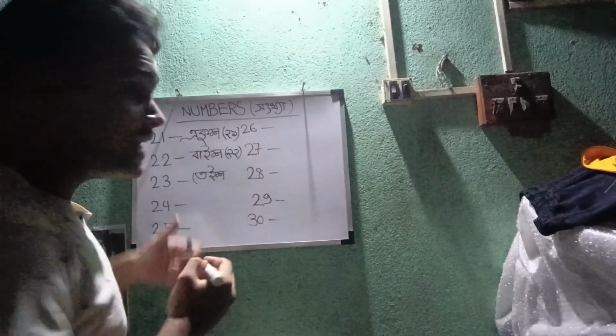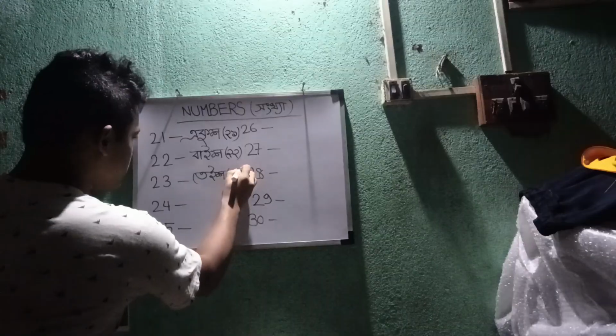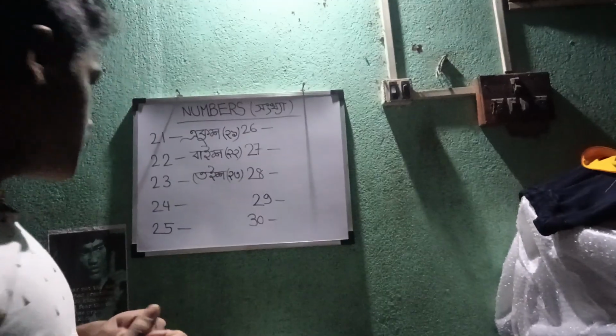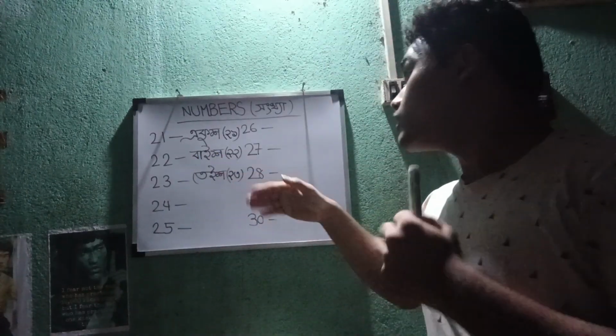So how can we write teish? First is 2 and then 3. Simple. Teish means 23, and after 23 we have 24.